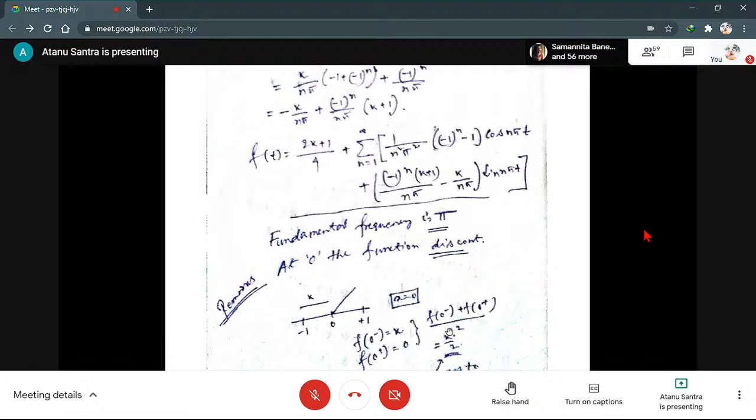Okay, so at this value the functional value converges to k/2 at the point of discontinuity. So at the point of discontinuity the functional value converges to the average value of f(0 minus) and f(0 plus). That is k/2. Okay, so this is the thing.